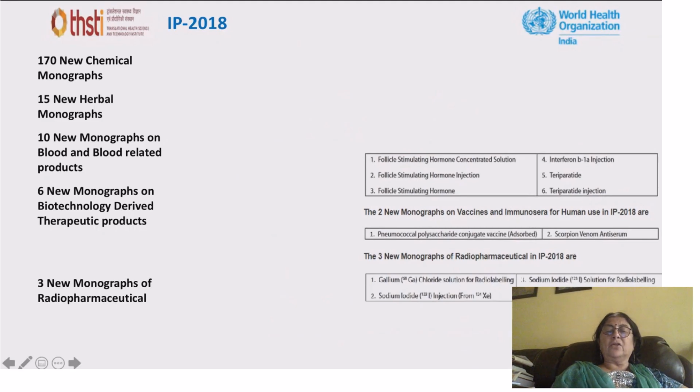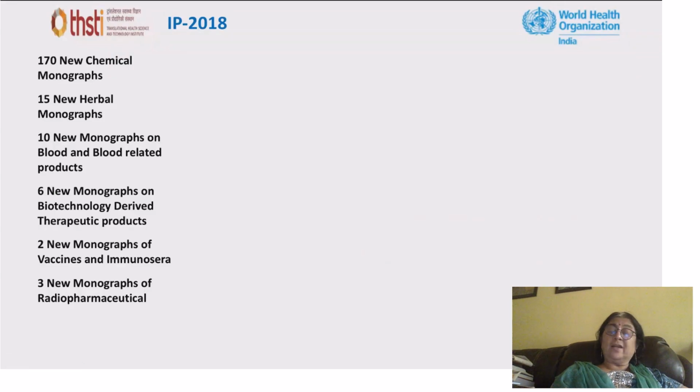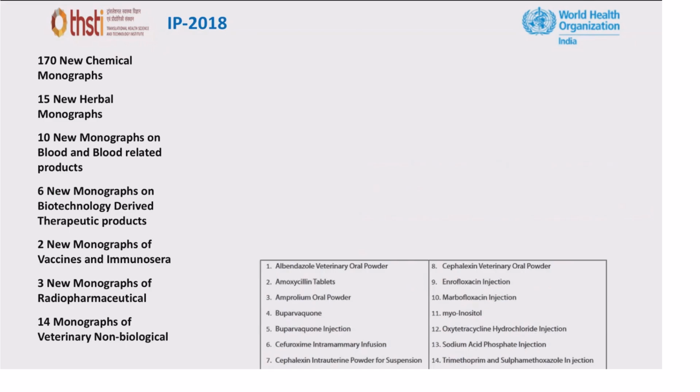And the radiopharmaceuticals are gallium, sodium iodide, and sodium iodide. And 2 new monographs of vaccines and immunosera, and 14 monographs of veterinary non-biological products, which include veterinary albendazole, oral powder, amoxicillin powder, etc.